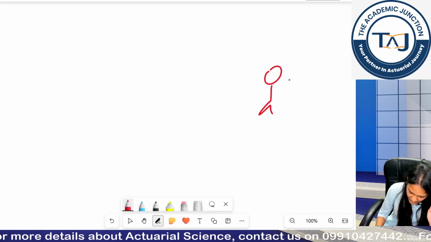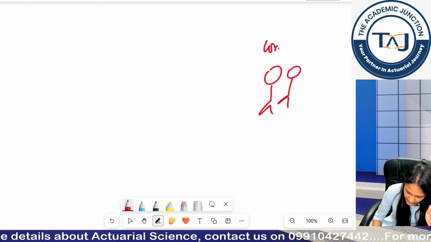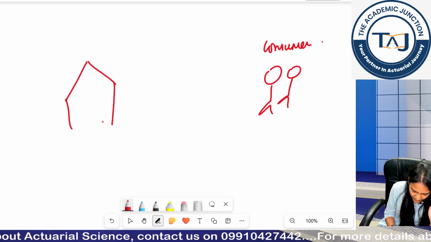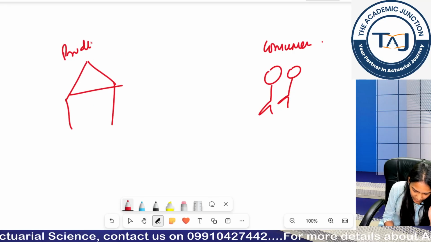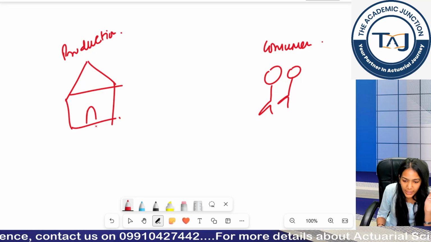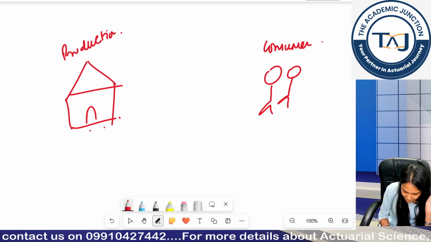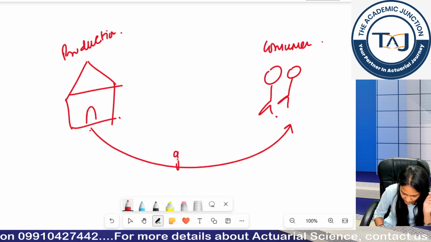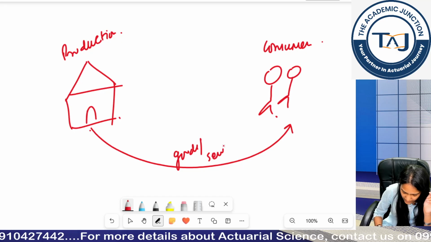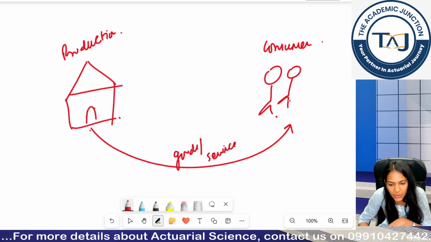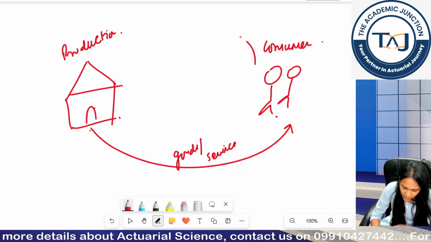So, I make for example people here, these are consumers, and these is basically your producer or production unit. Okay. So, what is the flow? They are providing the goods to them, goods and services, they produce goods and services, and they are providing them to consumers.